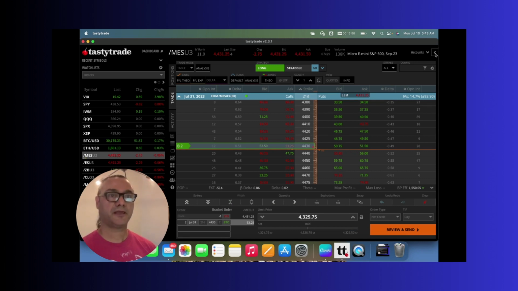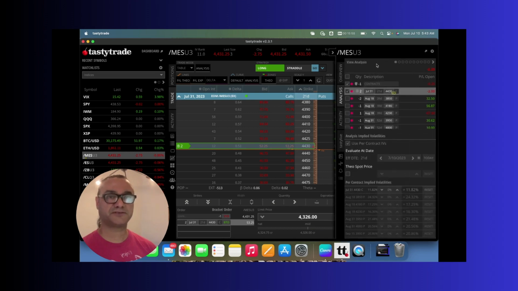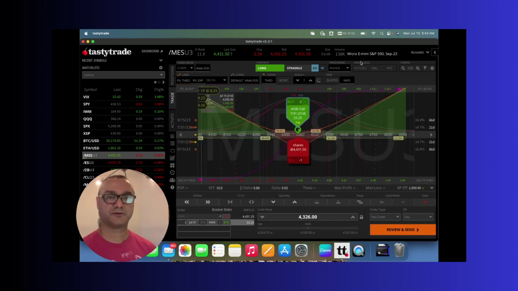Okay, and let's go back to the analysis tab and take another look. Now note that this is the exact same trade as the straddle that I created a minute or so ago. However, this one is constructed by buying 2 calls at the money and selling 1 futures contract. It's the exact same trade.